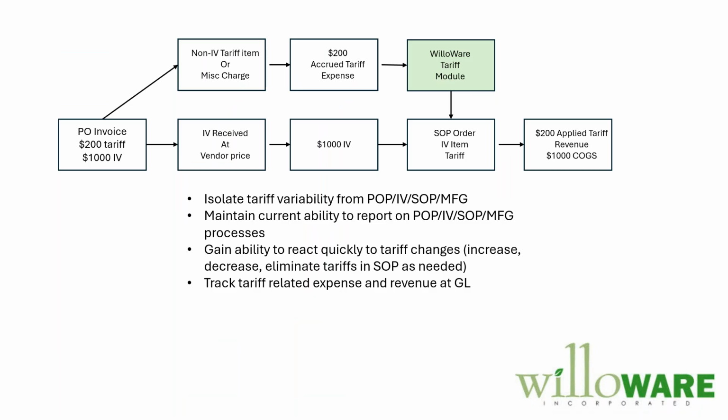So another way to go about doing this is on the purchasing side, there's a couple of different ways that you could record the tariff cost that makes it hit an accrued tariff expense account. So one option would be that you have a non-inventory item and you can put that onto the PO invoice and record the tariff surcharge that's coming from your supplier.